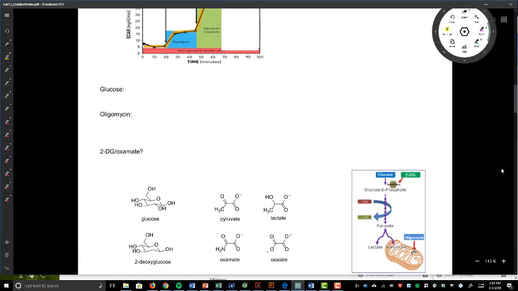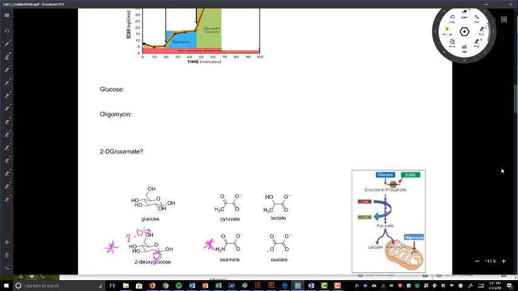We're looking at 2-deoxyglucose, which is a modified glucose. So it's a glucose with the alcohol group missing at the 2 position. And then sodium oxamate. So that's 2-DG and sodium oxamate, two inhibitors.